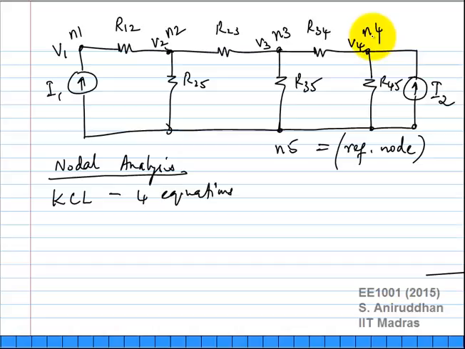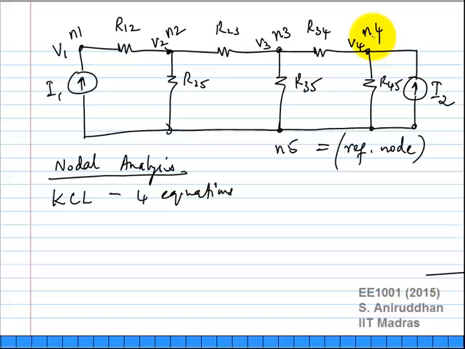The voltages which I have named here, V1, V2, V3, V4, are with respect to N5, which we call the reference node. Because when you say you know all the voltages and currents, what you mean is with respect to something, right? If you know the voltages, you can always say with respect to this node, the other node is at this voltage. That is what you are saying.